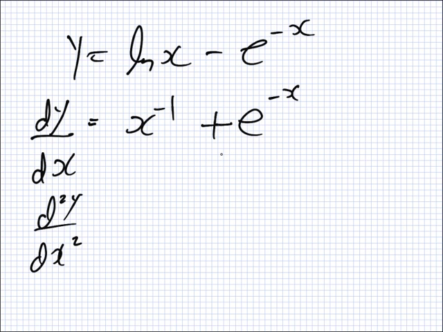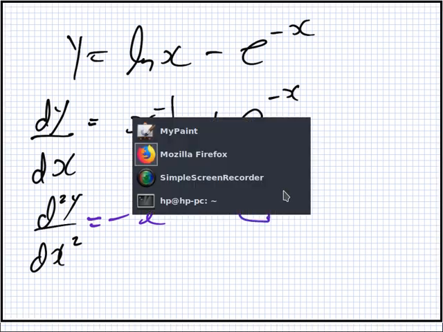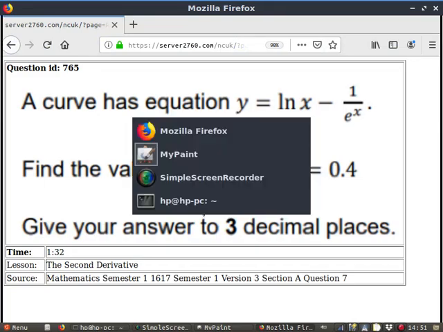Why do we still have minus on it? Still up the top. This does not change in differentiating or integrating. Yes. Minus x to the minus 2, minus e to the minus x.